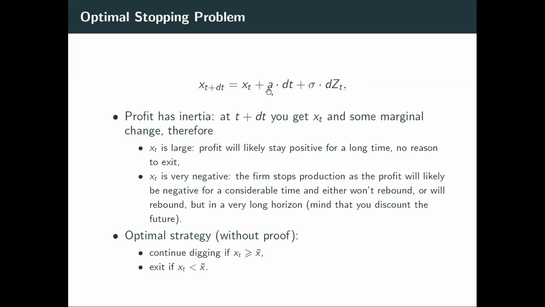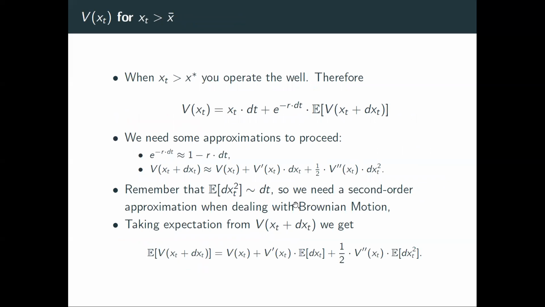A and dt are both just constants; dt is some kind of artificial constant, a time increment which we play with, but in any case it's a constant for the expectation. The randomness is purely in dzt, but remember that dzt has expectation zero. So the expectation of dxt is just a times dt. Here we substitute a times dt.